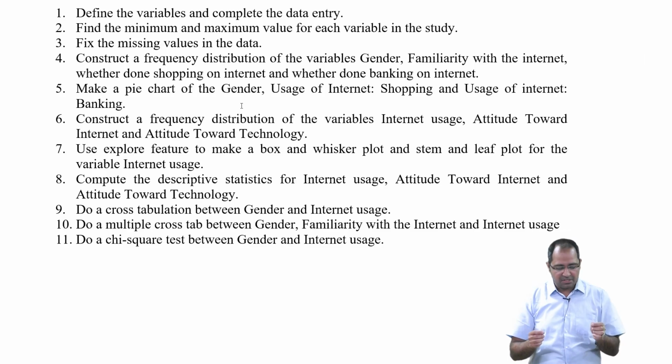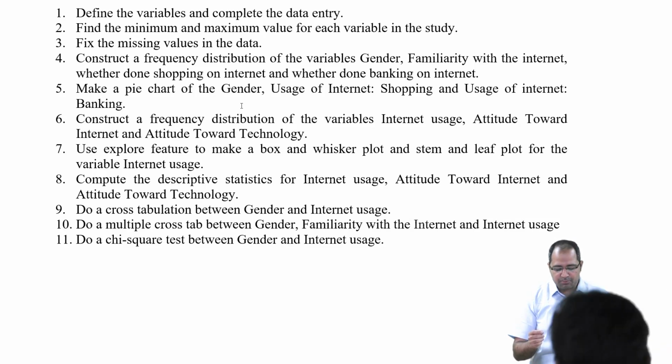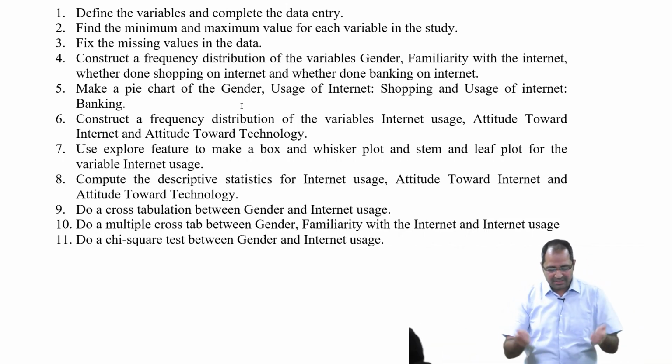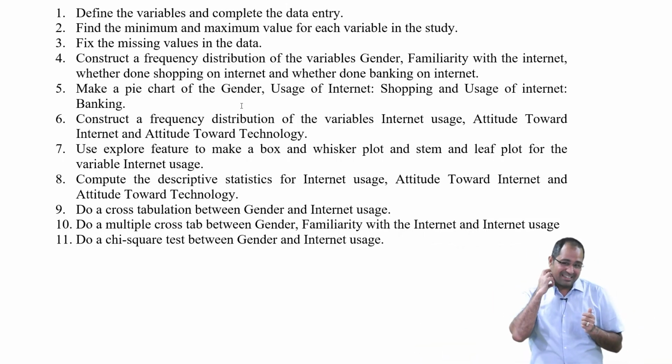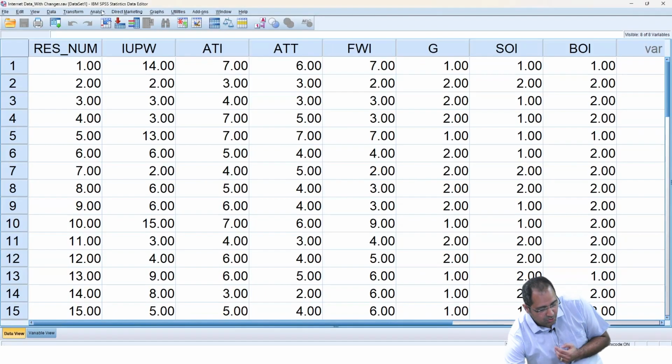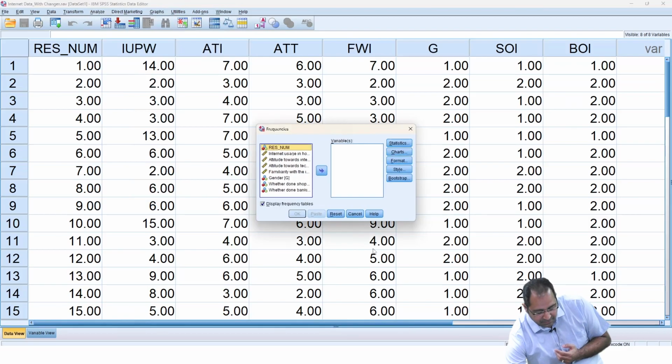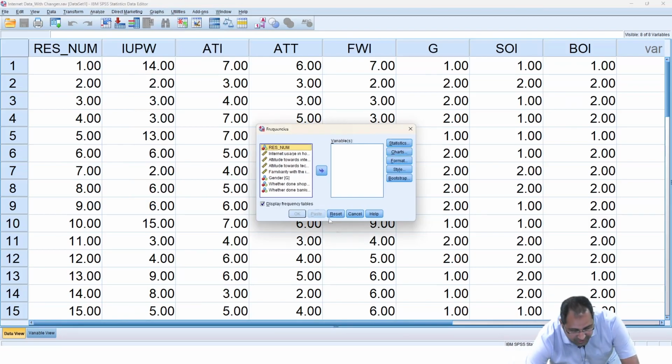Step number 4 is to construct a frequency distribution of the variables: gender, familiarity with the internet, whether done shopping on the internet, whether done banking on the internet. It's very simple. One has to go to Analyze, Descriptive, Frequencies. What variables are there? Gender, familiarity with the internet, whether done shopping on the internet, and whether done banking on the internet, and display frequency tables.